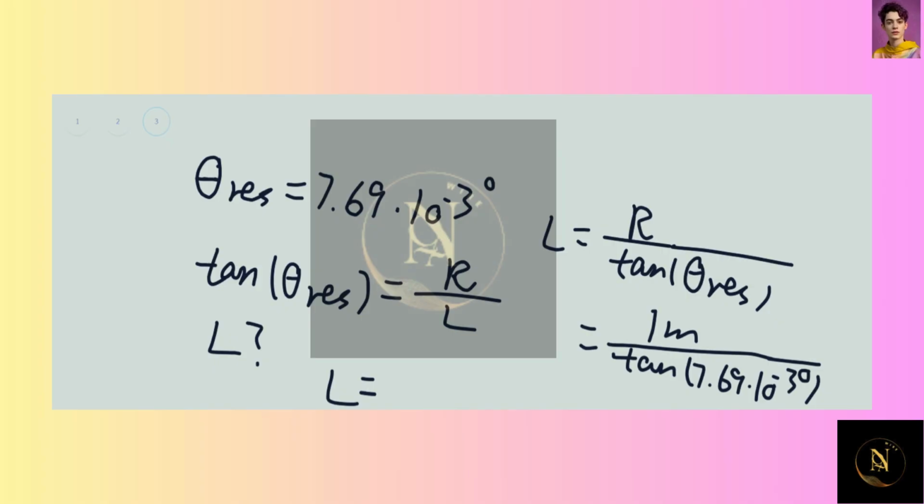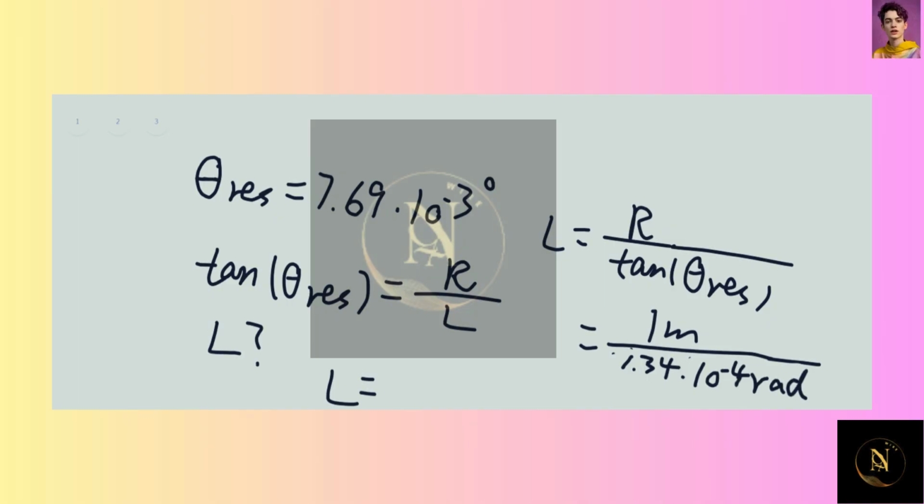So that gives us something like 1.34 times 10 to the negative 4 radians.